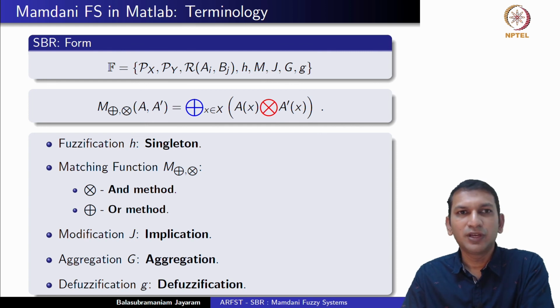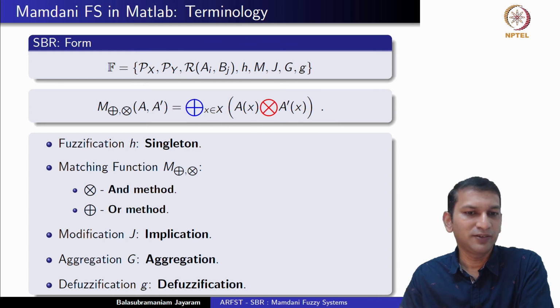And since we are going to make use of that to build a Mamdani fuzzy inference system, this terminology was used. Otherwise, Mamdani fuzzy inference system is a similarity based reasoning system, which does not put any restriction on the kind of fuzzification that you can have or the matching function you can have.